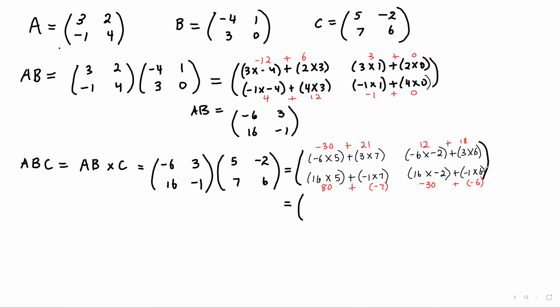So I end up now with the final answer, let me put it in blue. So ABC would be equal to -30 plus 21, which is -9. 12 plus 18 is 30. 80 plus -7 will be 80 take away 7, which is 73.